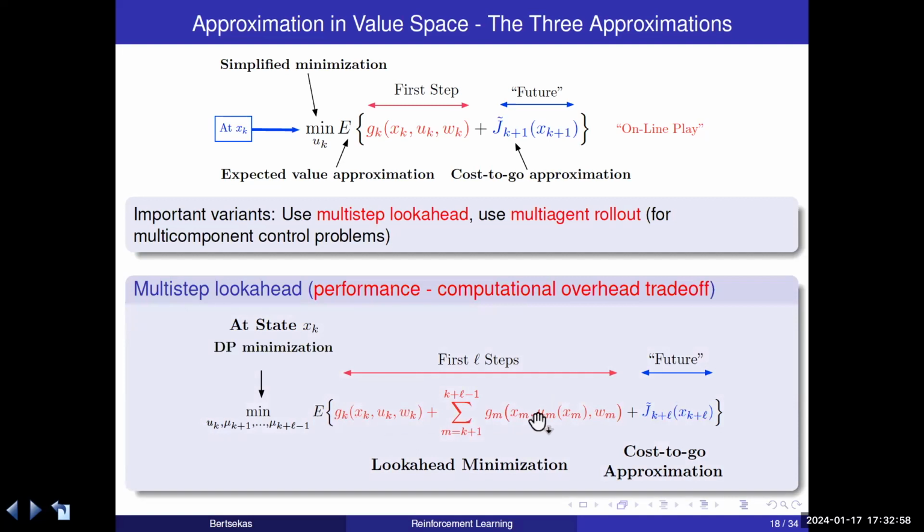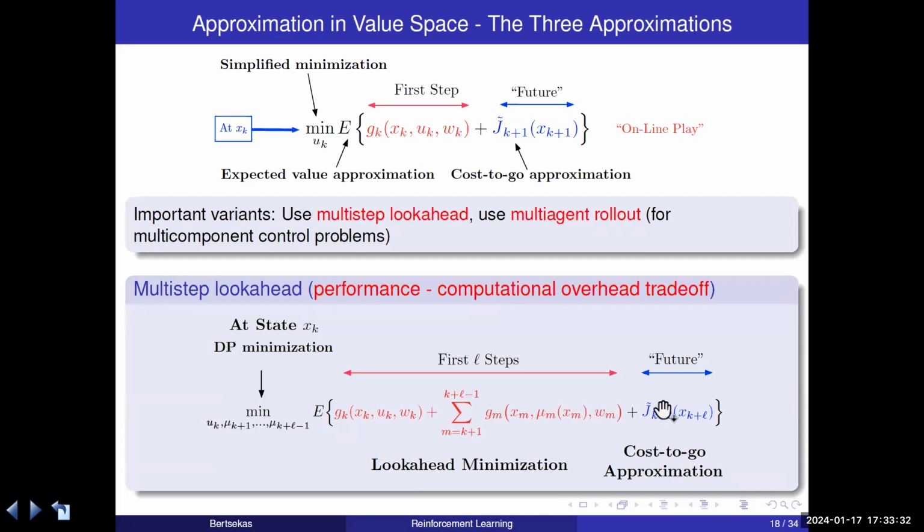Now, this is an L-step problem. It's not a one-step minimization. It's an L-step problem, which is itself a dynamic programming problem with horizon that is simpler, that's smaller than N. So that's what we gain. And you minimize over a policy, the control of the first stage, plus control functions for the remaining L-1 stages.